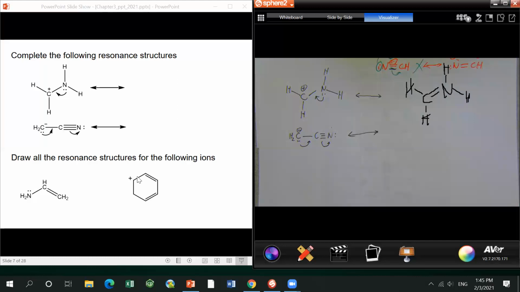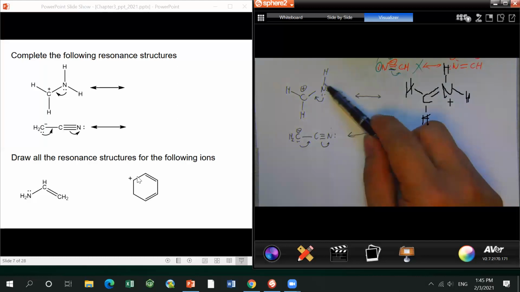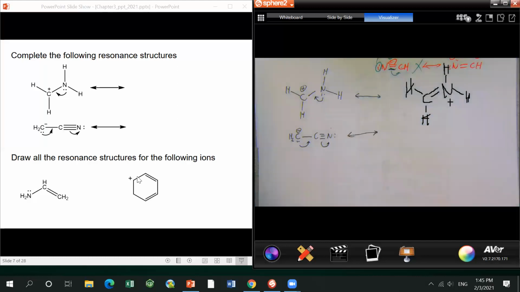Okay, not done yet. Perfect, so the first one is right. Now the nitrogen has the positive charge. Pretty good. Anyone want to try the second one?